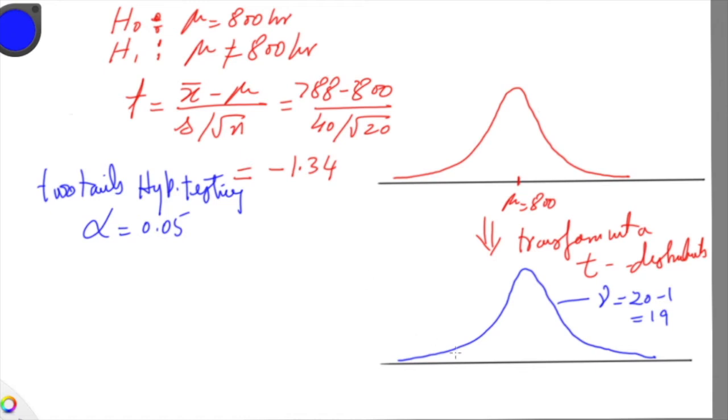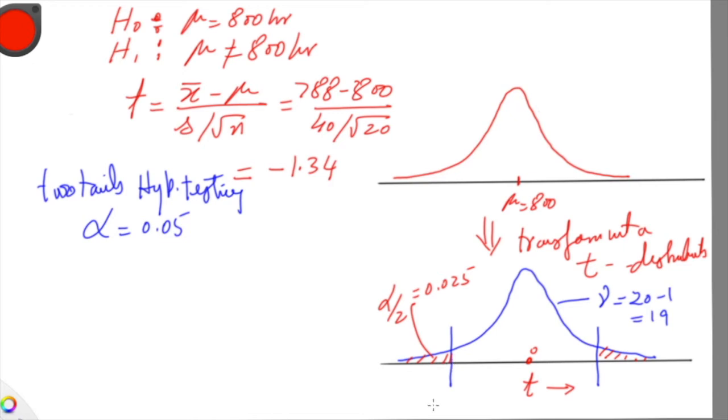If we assume alpha 0.05, for critical zone, we have to divide on both the sides. So both values will be alpha by 2. So this area under the curve and this area under the curve will be equal to alpha by 2, that is 0.025. So this is T distribution having mean as 0.